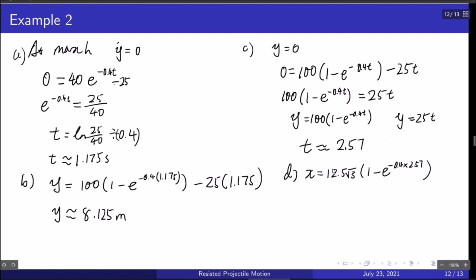If we punch all of this into the calculator, we end up with x approximately 13.9 meters. And so there is that.